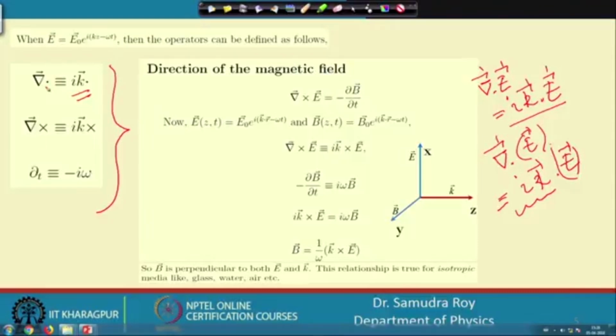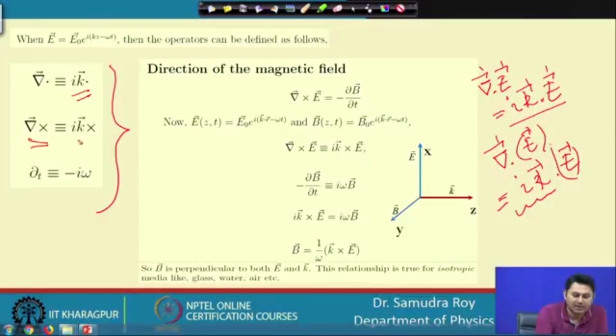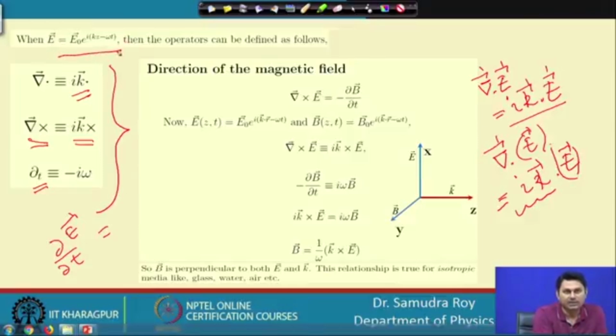In a similar way, if I make a curl operation over that, I will have these things, and if I take a derivative with respect to t of this thing, then what happens? Let me make a derivative of this quantity E. If E has this particular form, we have minus i omega and then E. This minus sign is because we have k z minus omega t.